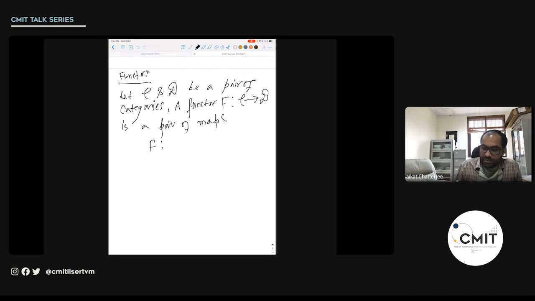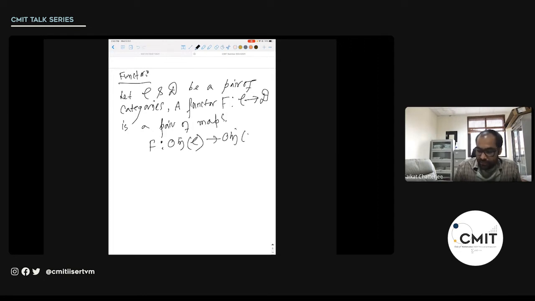As you see, a category is not the more familiar object that you might have encountered in mathematics so far, like groups and all these things. They have an underlying set. In category theory, in some sense, there is a pair of sets, one is the object set and one is the morphism set or arrow set.